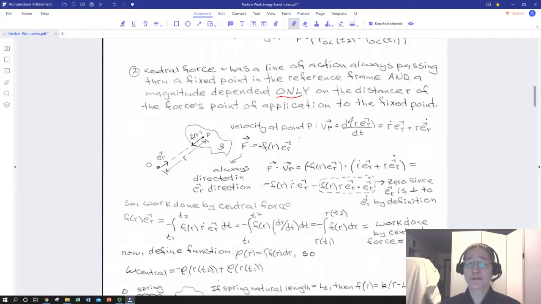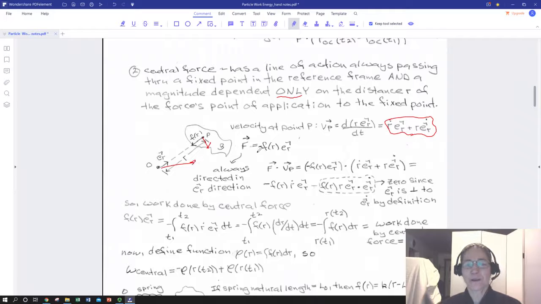So the time derivative of that is dr/dt times r hat, our unit vector in the radial direction, and of course that gives us the change in length with respect to time, r dot, in the radial direction, plus whatever the radius is times r hat dot, in the direction in which that unit vector may be changing, which it could definitely change in direction if this is moving somewhere. Our radius could be changing.